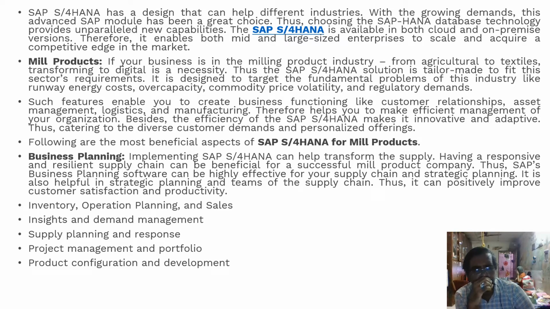Having a responsive and resilient supply chain can be beneficial for a successful mill product company. Thus, SAP business planning software can be highly effective for your supply chain and strategic planning. So it is also helpful in strategic planning and supply chain teams. Thus, it can positively improve customer satisfaction and productivity.